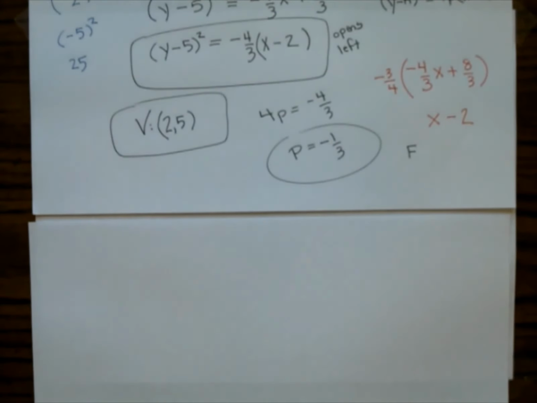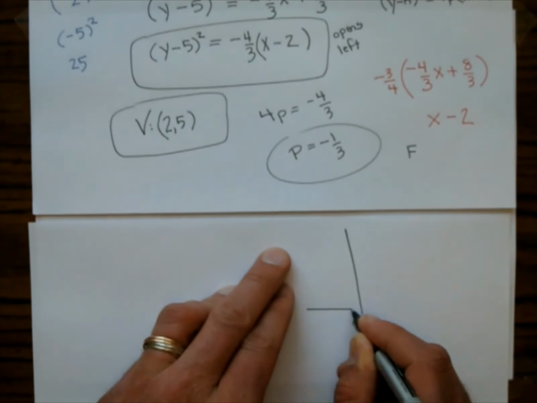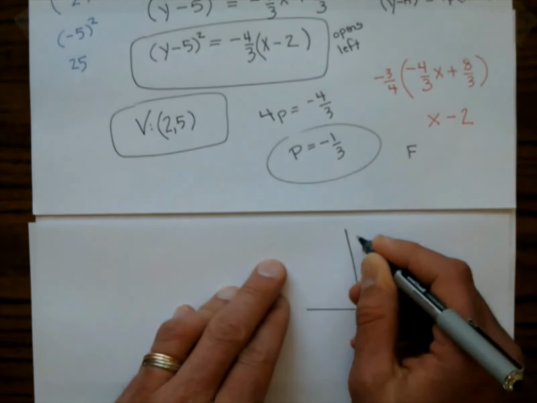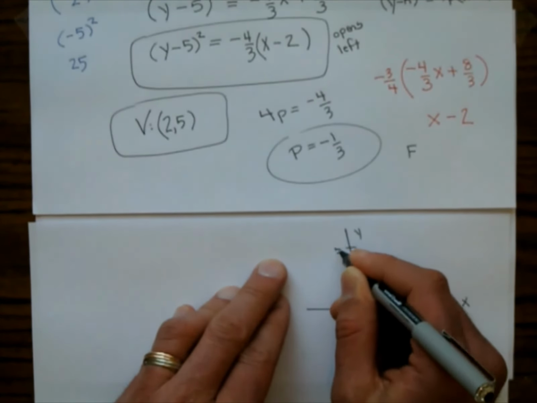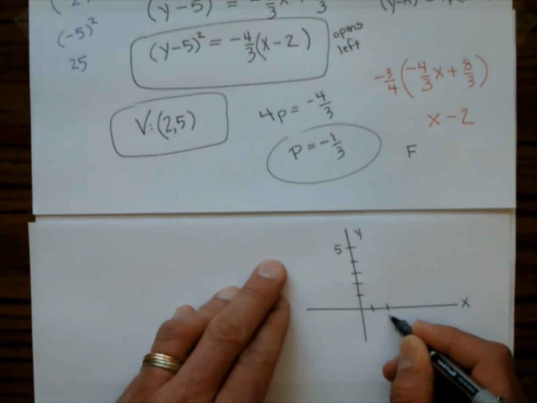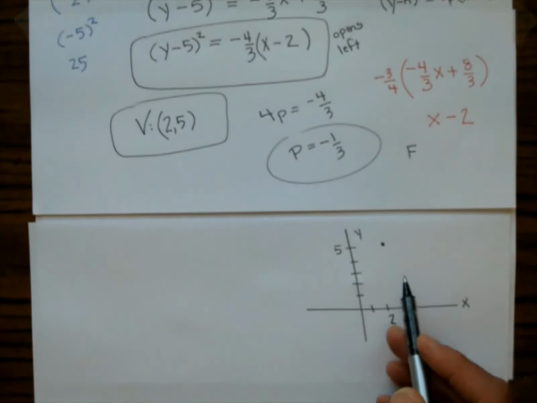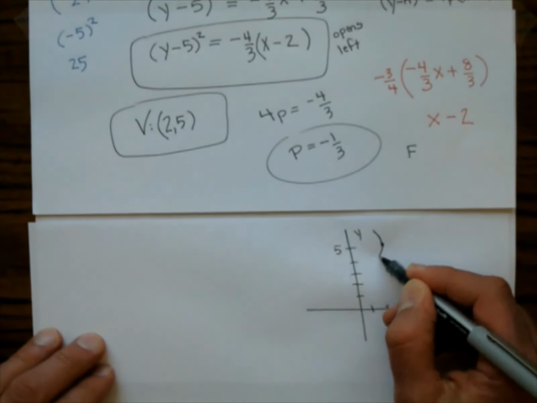So I have this parabola that is 2, 5, and my scaling looks really bad. And so there that is. It opens to the left, so it's opening like that.